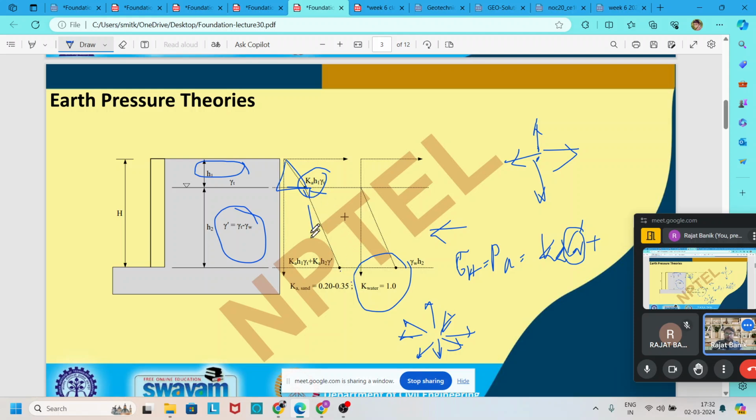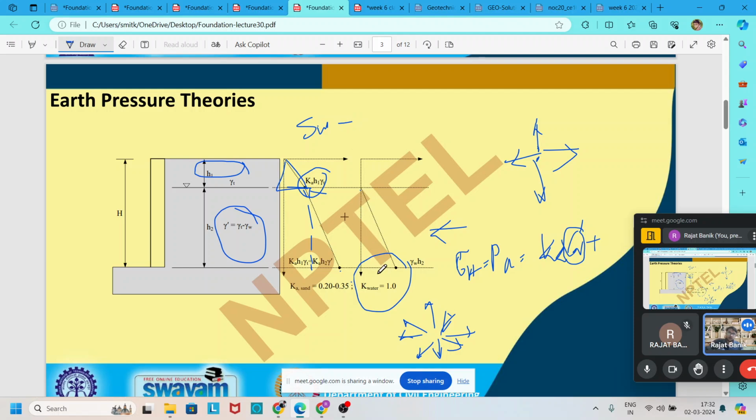up to this, the pressure is K into H1 into gamma T. Then another pressure will act due to this submerged layer, which is K into H2 into gamma submerged, because the water is present here, and we have to deduct the water unit weight from this gamma saturated, and it becomes gamma submerged.